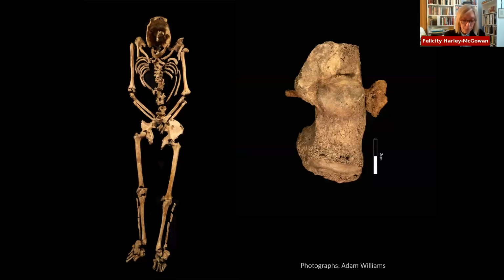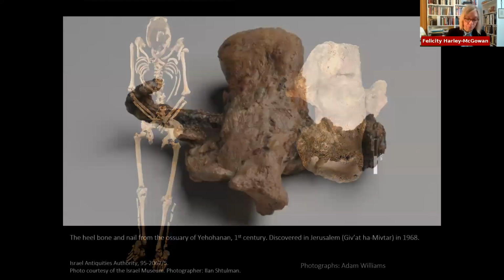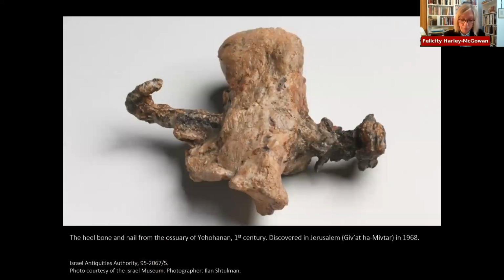This bone was in better condition than the well-known but more fragmentary heel from a Jewish tomb excavated in Israel in 1968, which has a nail in the same position.